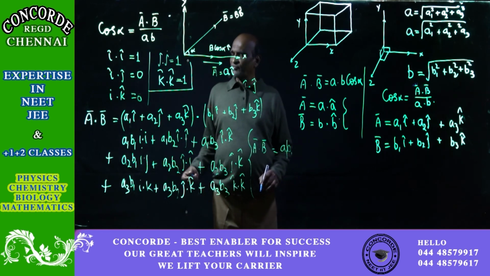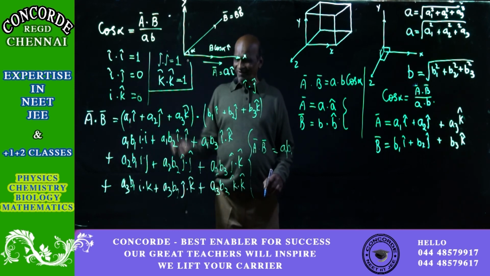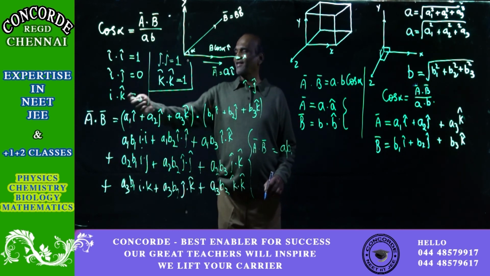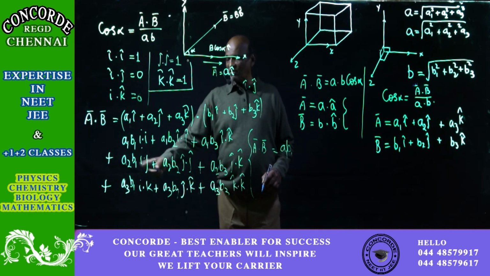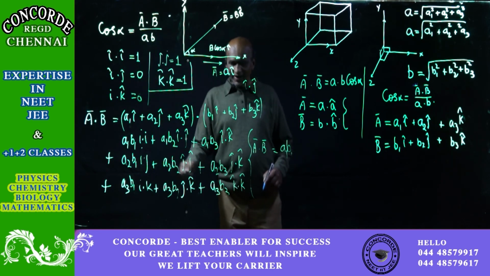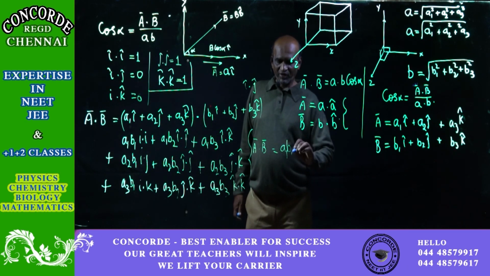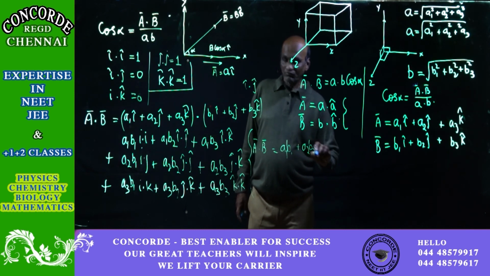The second term is I dot J. Gone. Like that I dot K, that is also gone. Leave it. Now here I dot J again gone. J dot J is 1. So A2 B2 you have to take. A1 B1 plus A2 B2.